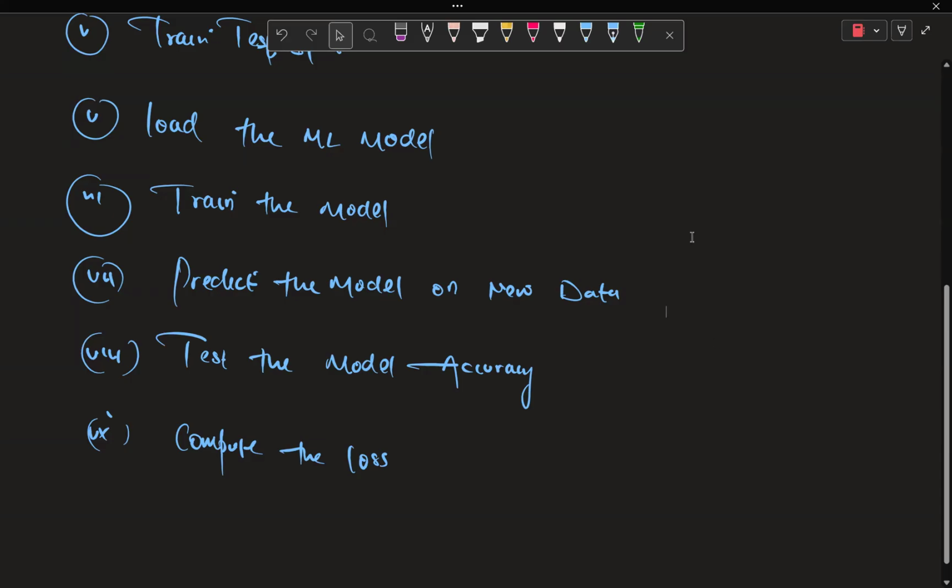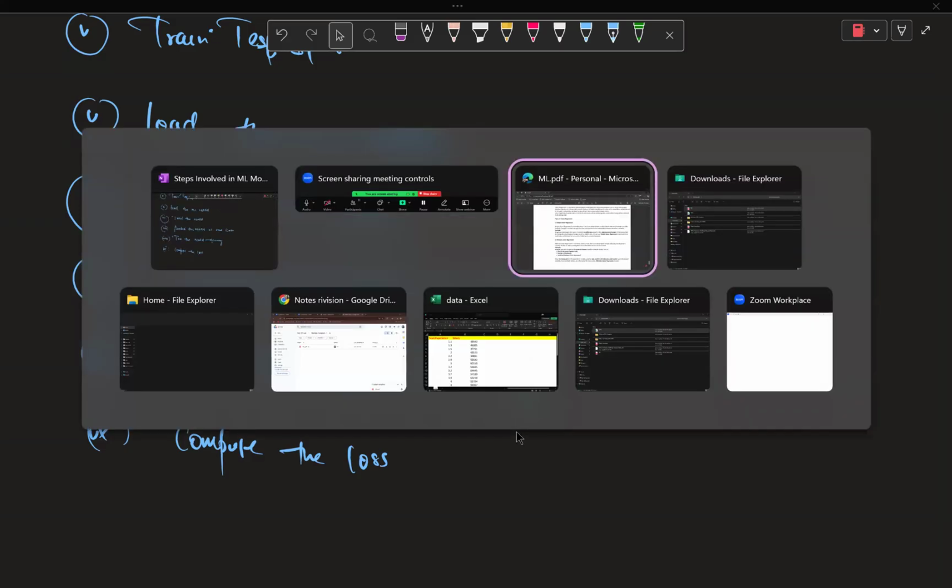So guys, I'm sharing one data set in the chat box. Please download it in your system.